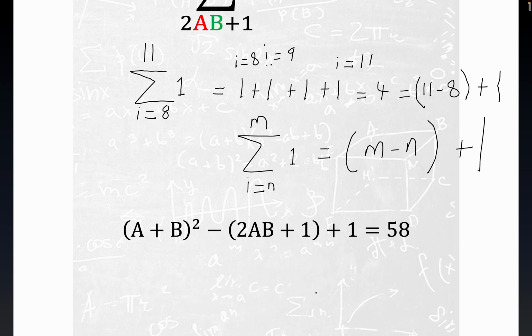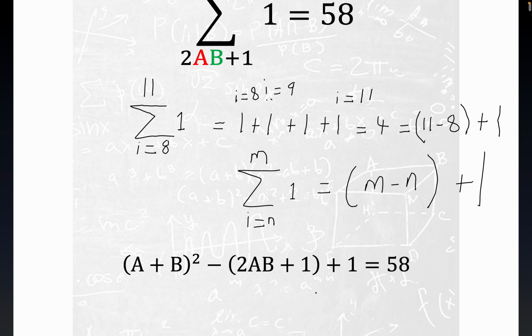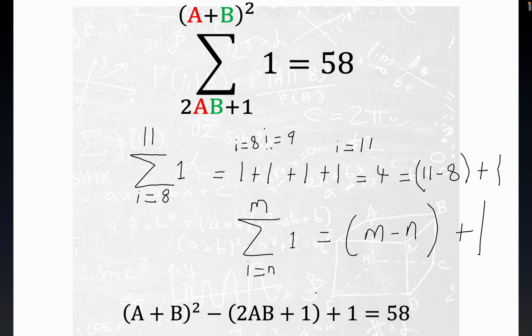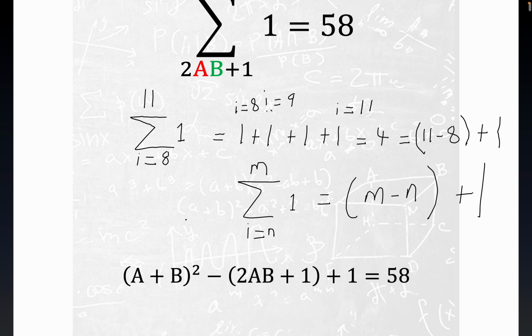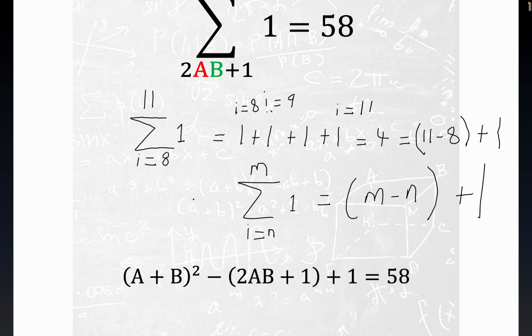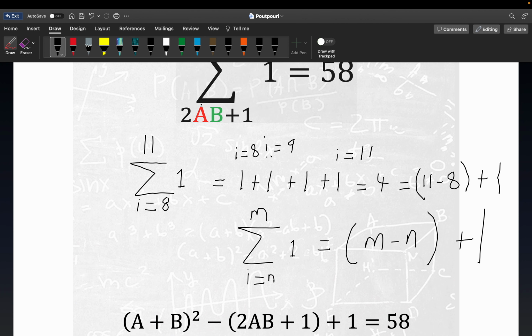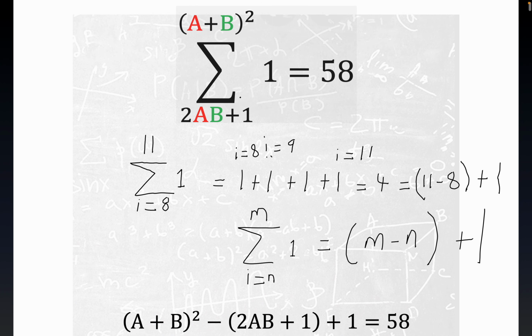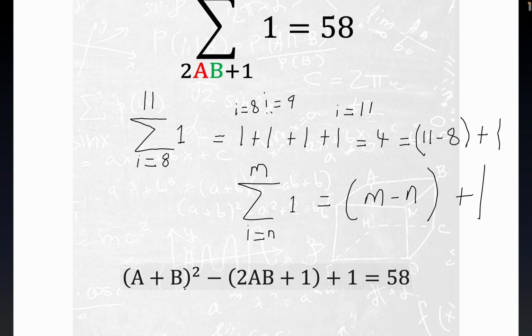Now let's take a look at what that leads to. If you compare it to our original problem, this would be our m, this would be our n. And so you can see this is what we get. Upper limit is a plus b quantity squared. Lower limit is 2ab plus 1. So we get a plus b quantity squared minus the quantity 2ab plus 1 is equal to 58.